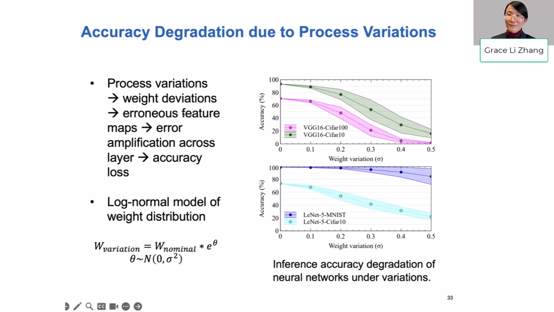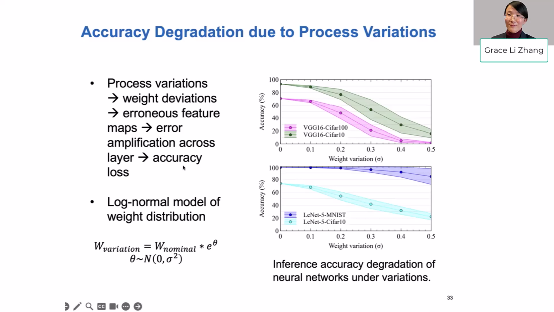If you use crossbars to implement a convolutional neural network, then the feature map will not be correct. If the first layer's feature map is not correct, and the second layer's weights still have variations, then this erroneous feature map will be amplified across layers until the last layer.